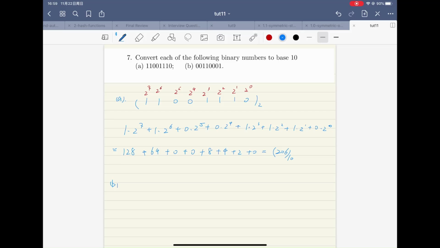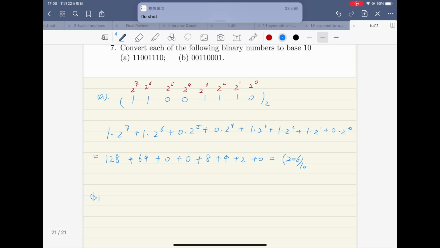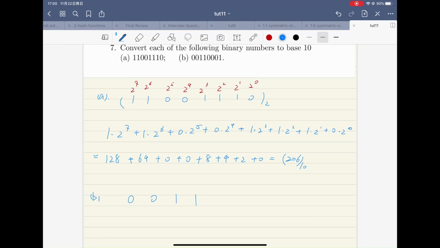For question B, we have 00110001. You can just ignore the leading zeros, right?